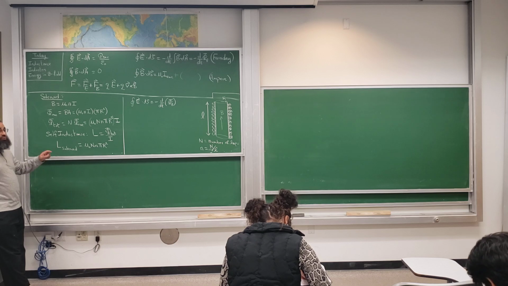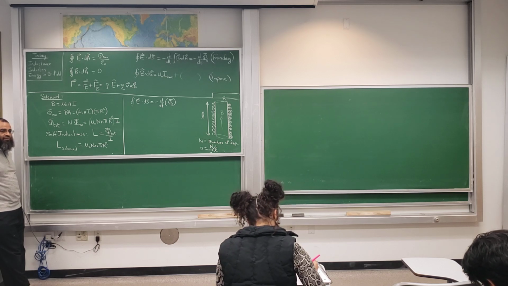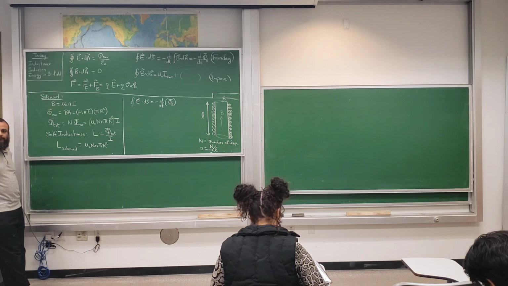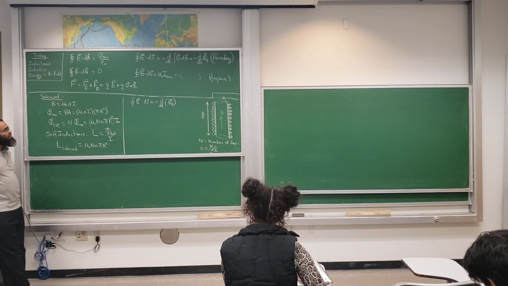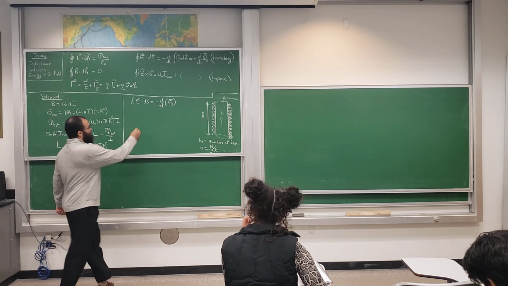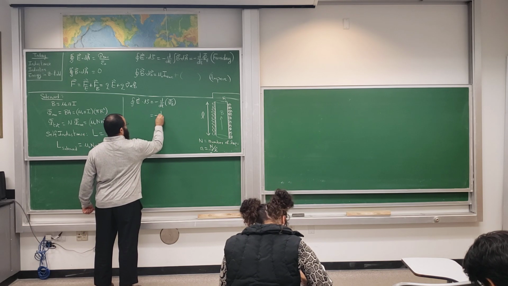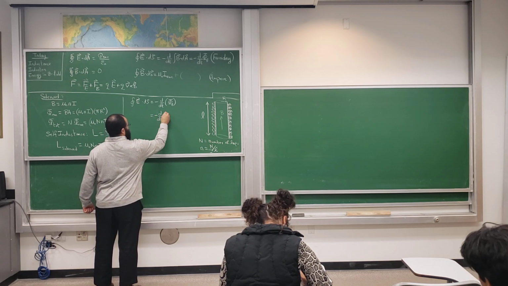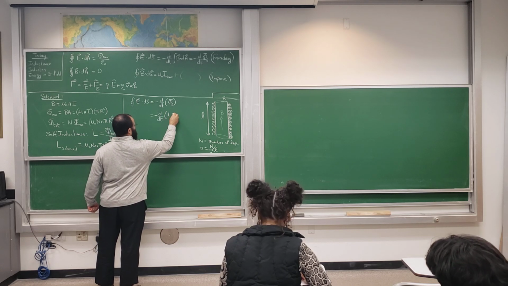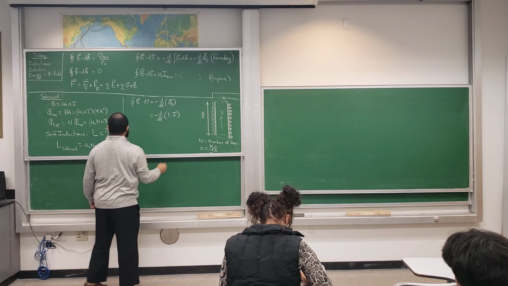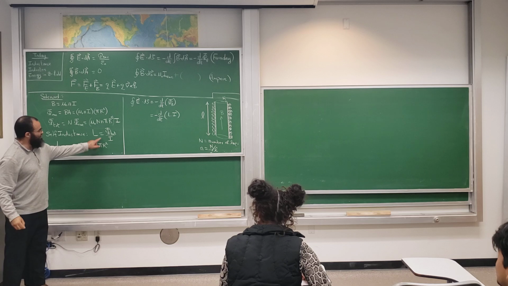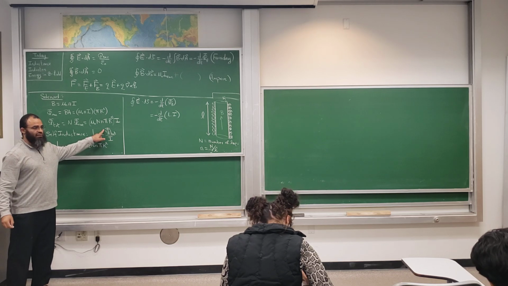Small n is the number of loops per unit of length, loop density. So we get minus d of L times I. L times I is the flux.